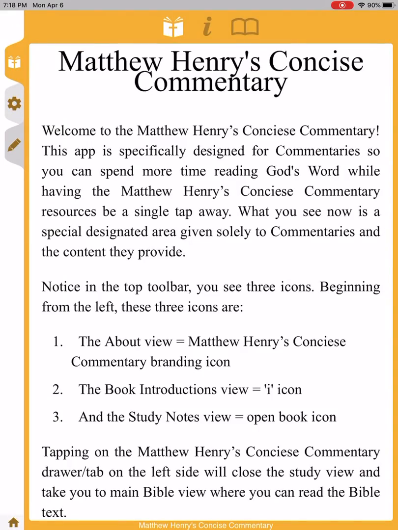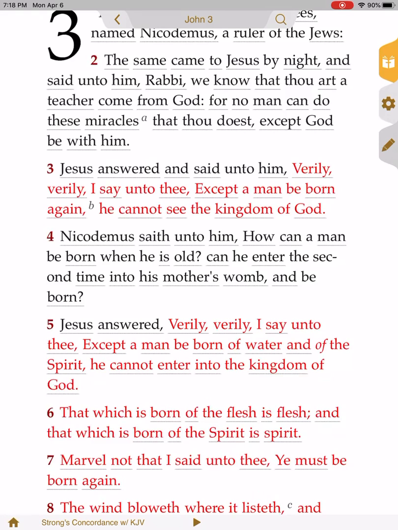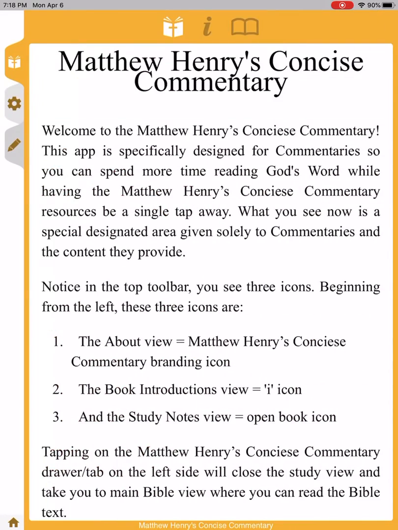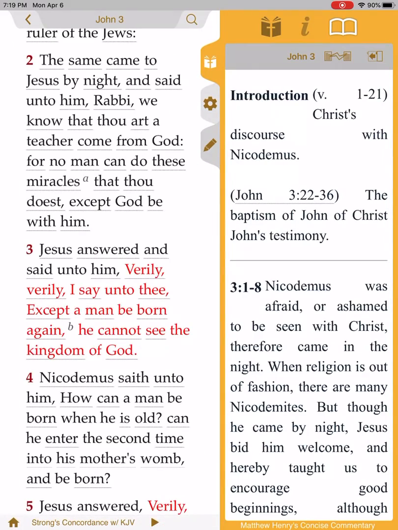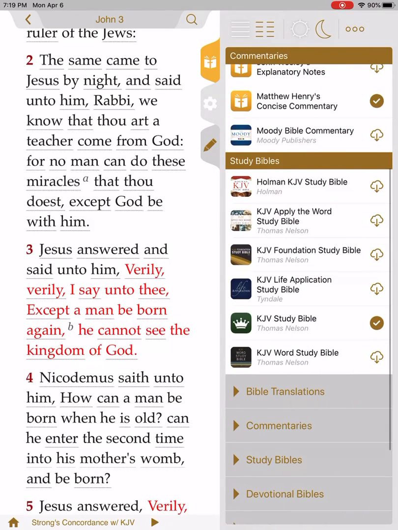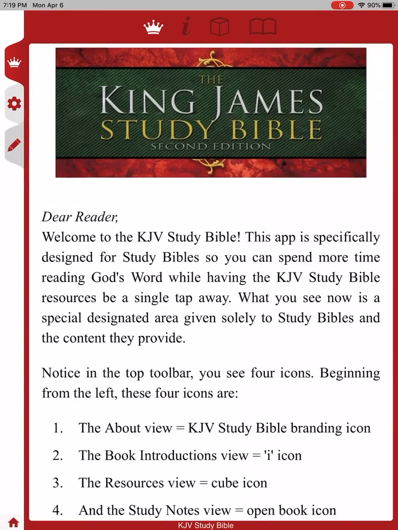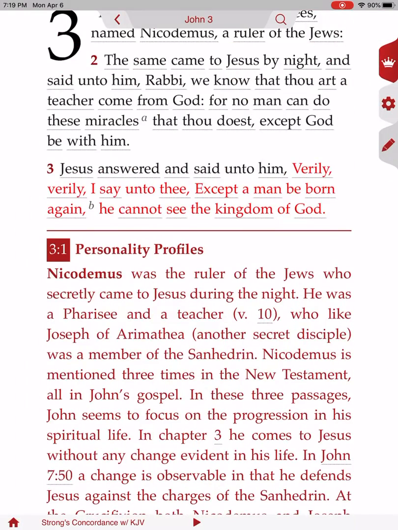If you click that, it switches here to only show you Matthew Henry's. So I can't see my Thomas, I think it's Thomas, Study Bible. So to get back to that, you have to come back down here and click Thomas Nelson Study Bible, and you bring it back up.